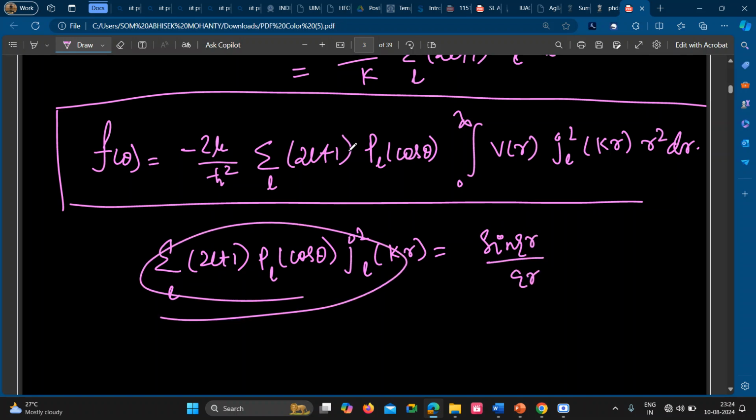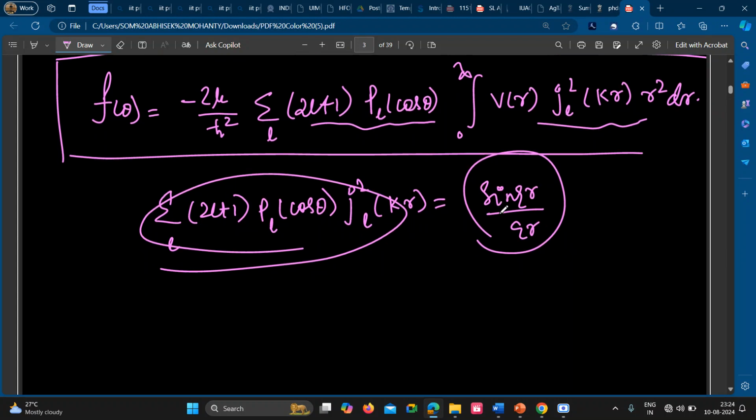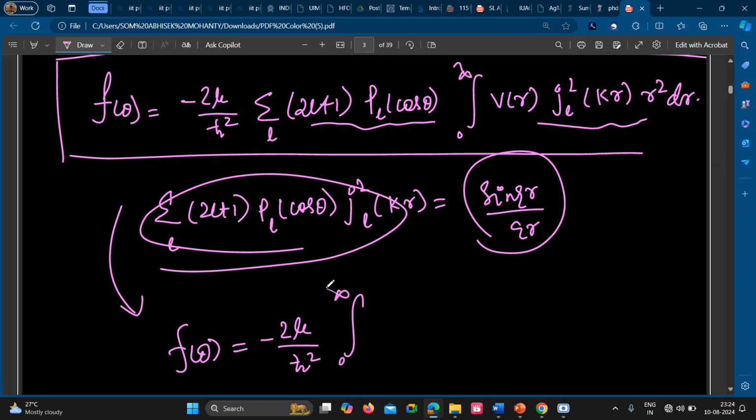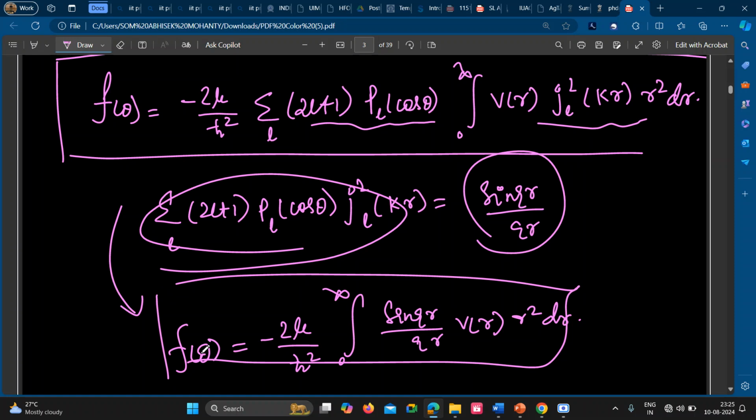So in place of this, I put sin(qr) by qr inside the integration. So f of theta equals minus 2 mu by h cut square, integration 0 to infinity sin(qr) by qr, with V(r) and r square left, r square dr. This is what you will get at the end. So this is the expression for scattering amplitude.